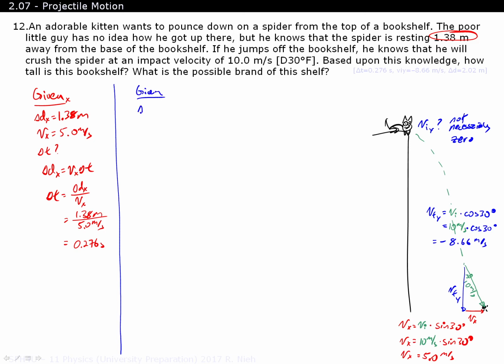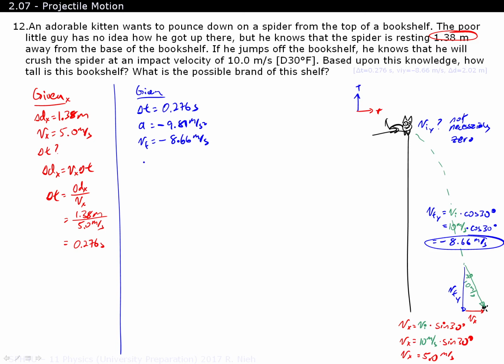We just calculated that the time for the cat to go downwards is 0.276 seconds. We know that a is equal to negative 9.81 meters per second squared if we assume upwards is positive and forwards is positive. Lastly, we did calculate this negative 8.66 meters per second. So that is important, and that is a Vf. And Vf is equal to negative 8.66 meters per second as he's pouncing downwards.